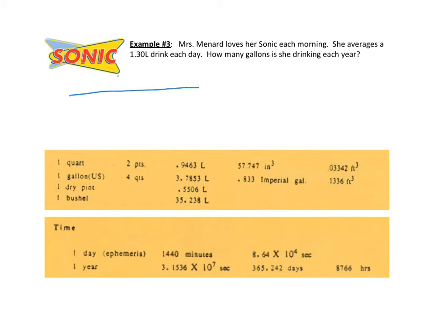So again, we'll place what is given in the railroad tracks. I'm drinking 1.3 liters each day. I want to know how many gallons I'm drinking each year.